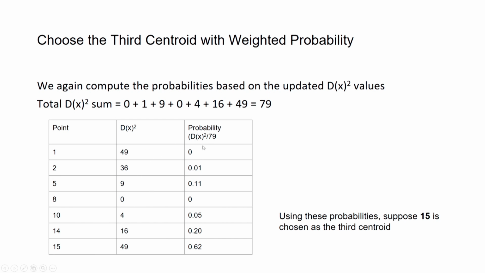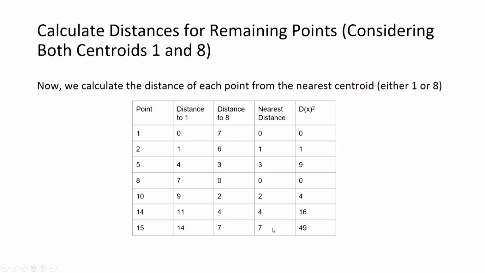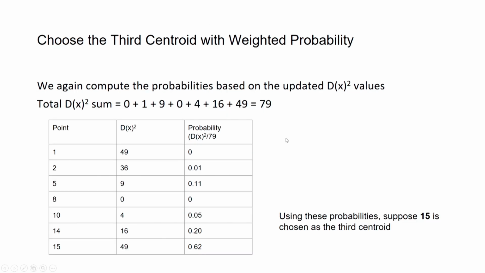We consider those distances that are less, and again we find which probability is the maximum. In this case, for data point 15, the probability is maximum, 0.62. It means its distance from the nearest centroid is maximum.